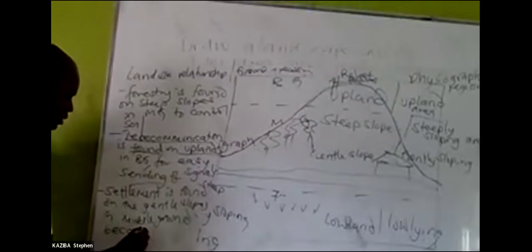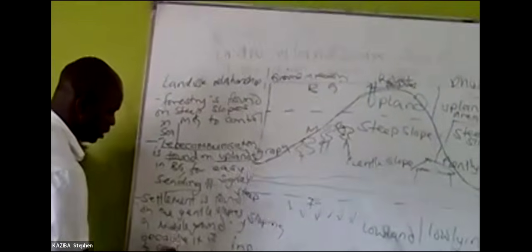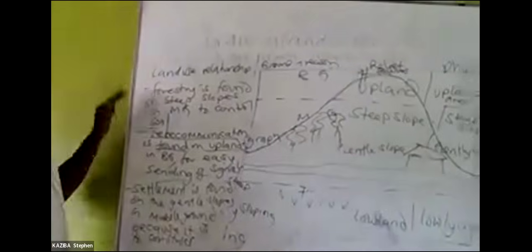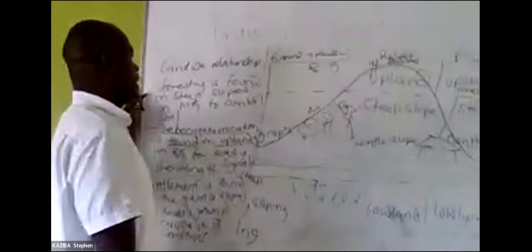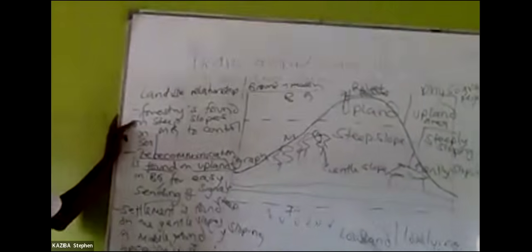And the reason is because it is easy to construct. In other words, you give a relationship, you give a land use, connect a relationship, measure the slope and give the reason.